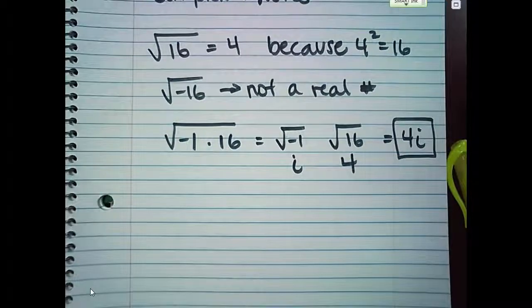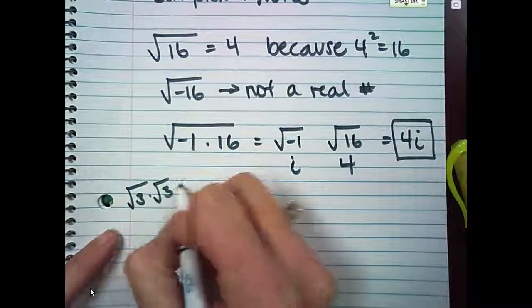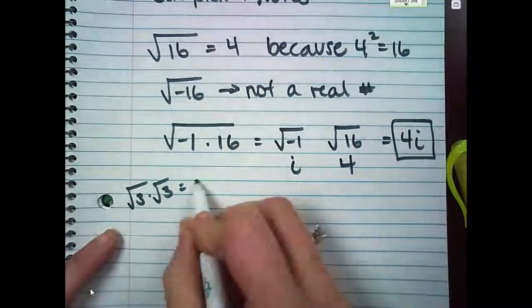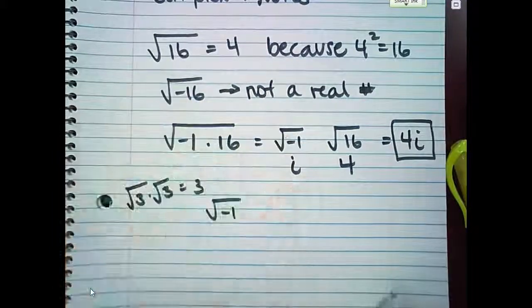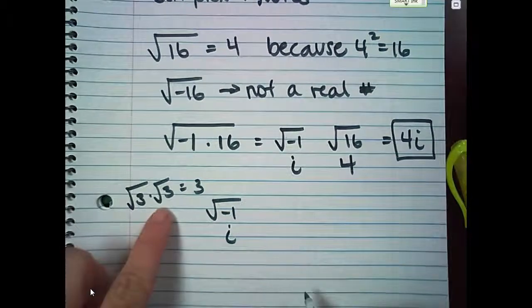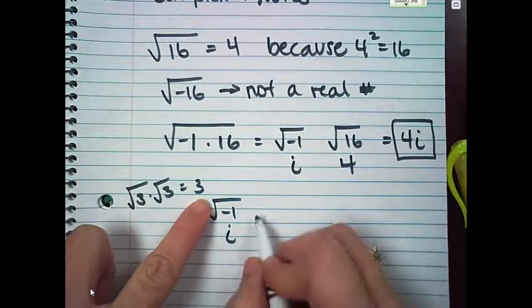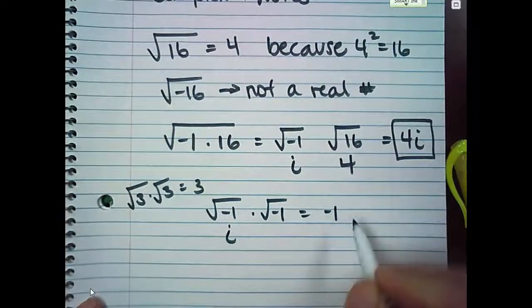Alright, so now, one thing you see that shows up a lot is when you take an I and multiply it together. Let me explain what I'm talking about. If I told you the square root of 3 times the square root of 3, you're going to tell me the answer is 3. So the square root of negative 1, what value is that, guys? An I. If the square root of negative 3 times the square root of negative 3 is 3, the square root of negative 1 times the square root of negative 1, the radicals would drop and give you negative 1.